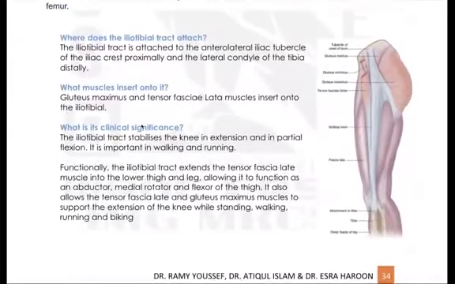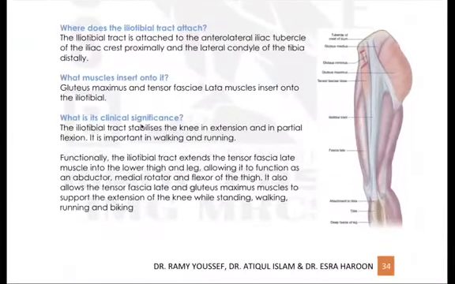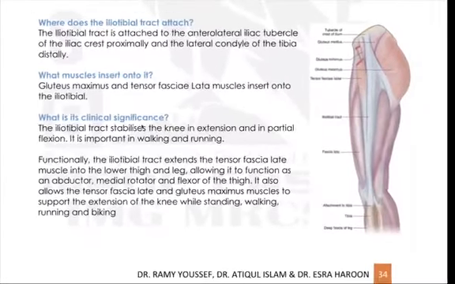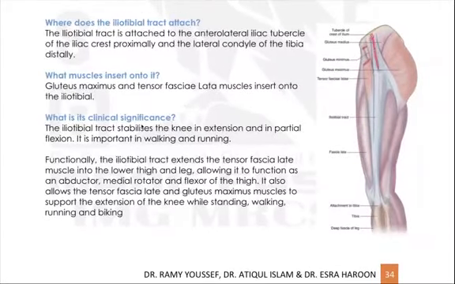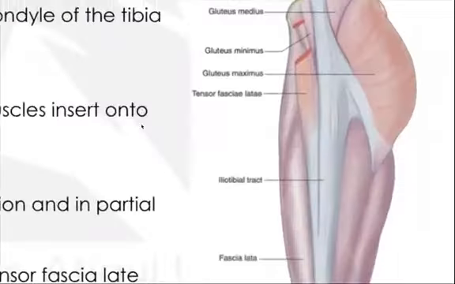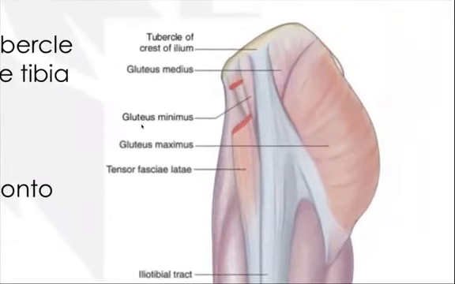Next thing is about the iliotibial tract. So the iliotibial tract, as you can see, this is the iliotibial tract. Normally, it has an upper attachment, and on the lower aspect, it has an attachment as well. On the upper aspect, it will attach with the tubercle of the crest of the ilium.